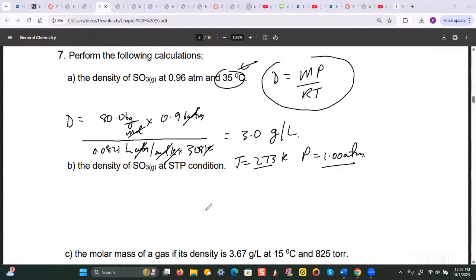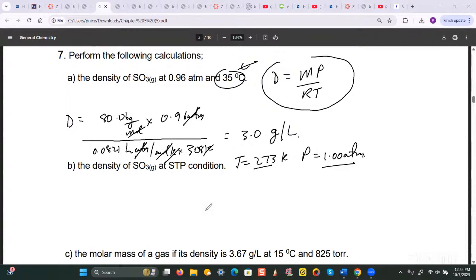Let me give you a hint. Do you remember what the term molar volume means? Molar volume. What does molar volume mean? And you guys out there in Zoom, you can chip in as well.